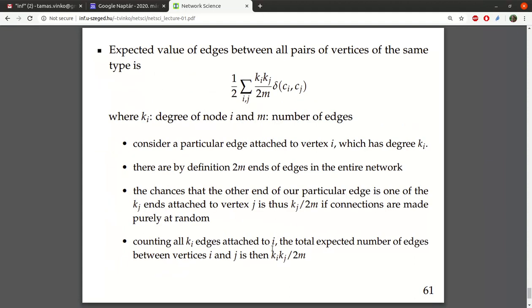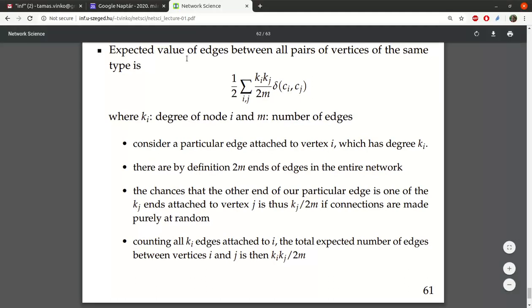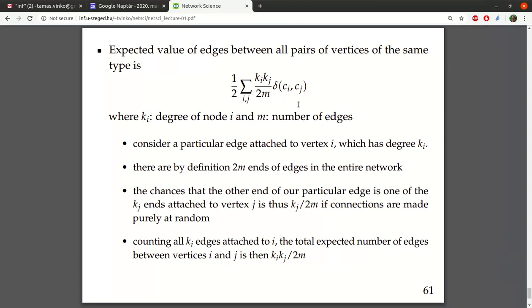Okay, in the next slide, what we are going to calculate is the expected value of edges between all pairs of vertices of the same type. And this can be calculated by this formula. Instead of reading the formula itself, let's see what this means.